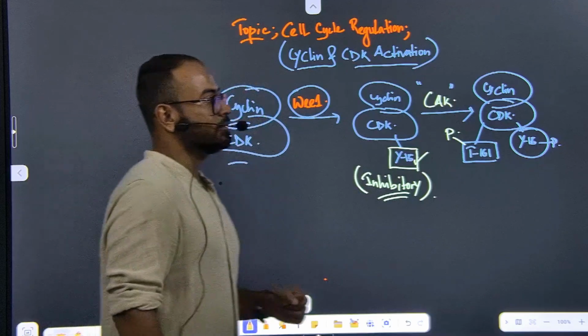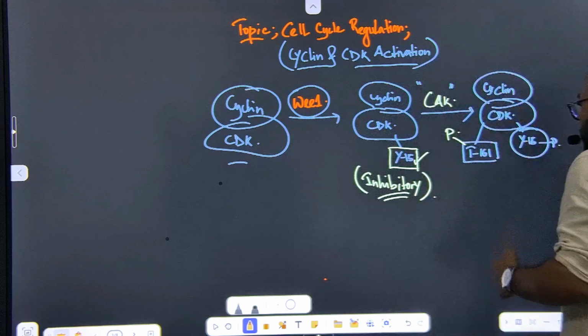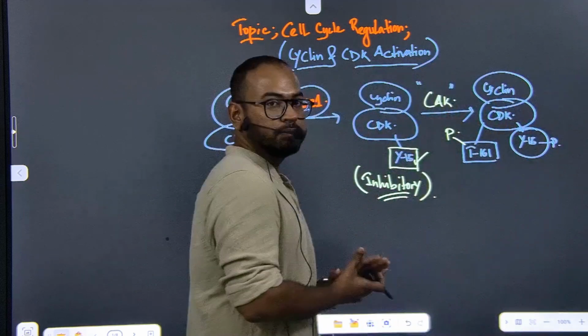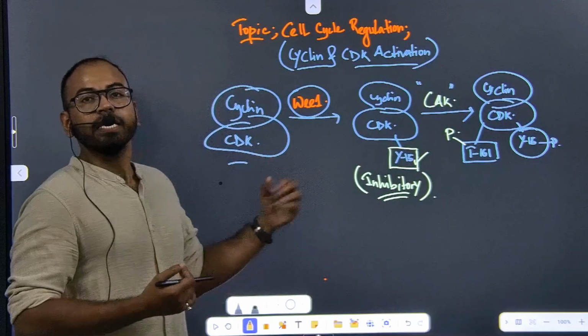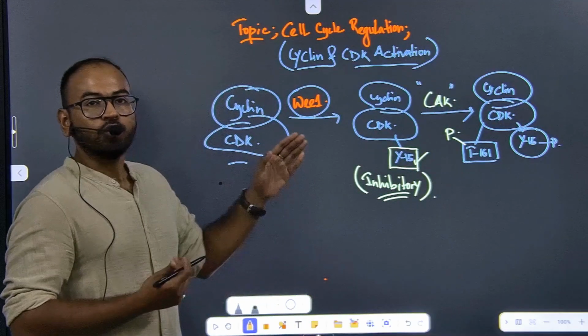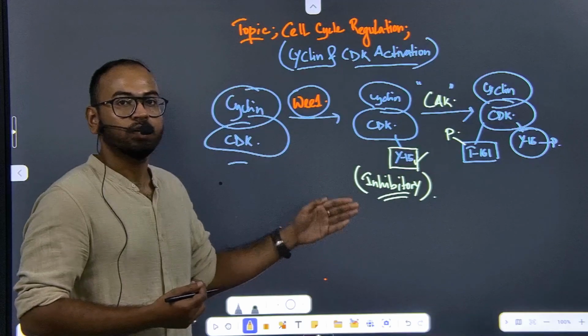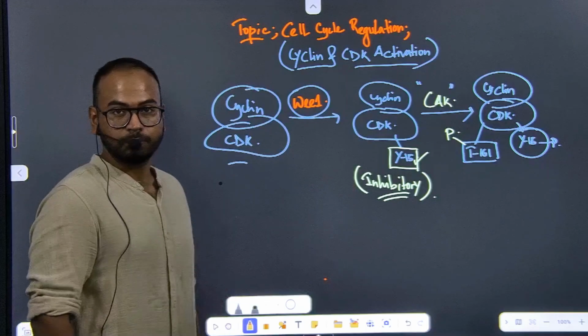But there lies an immense problem. The problem is, tyrosine 15, as we all know, is an inhibitory approach. So phosphorylation at tyrosine 15 needs to be removed.